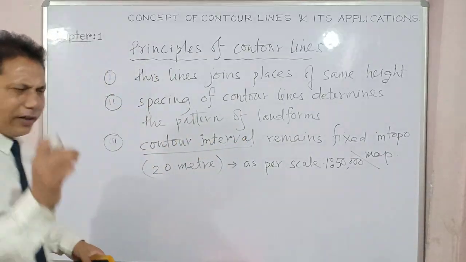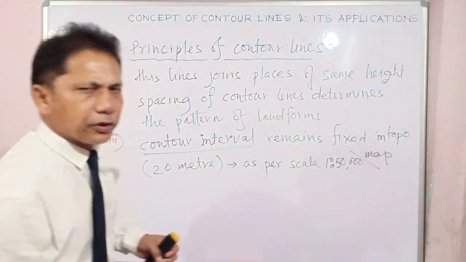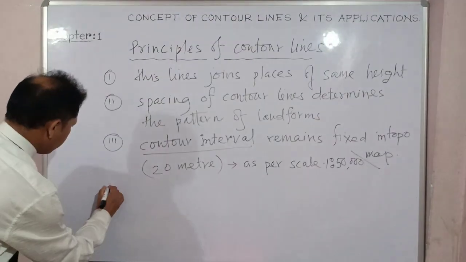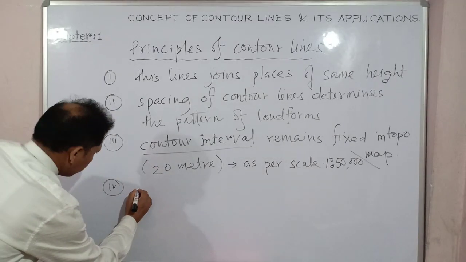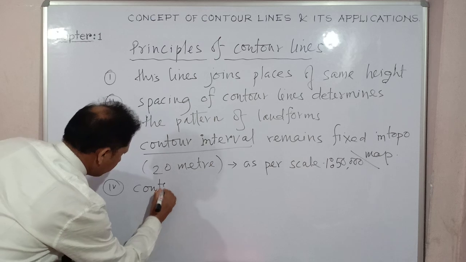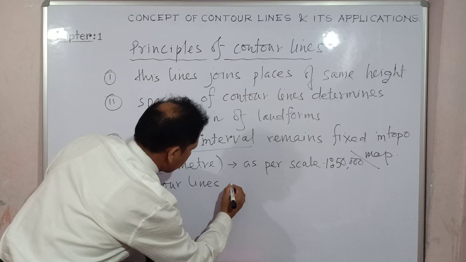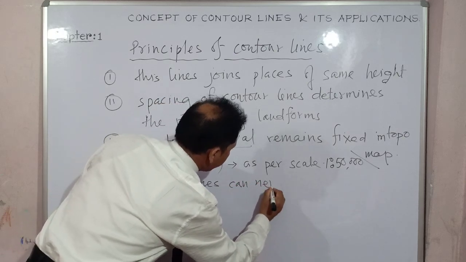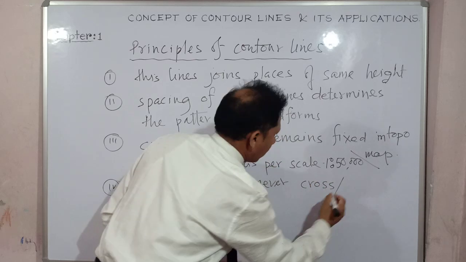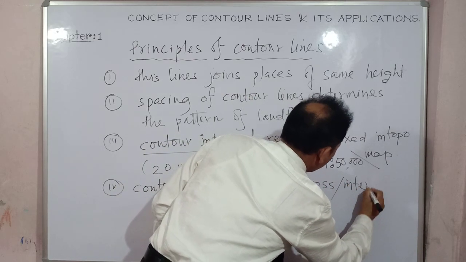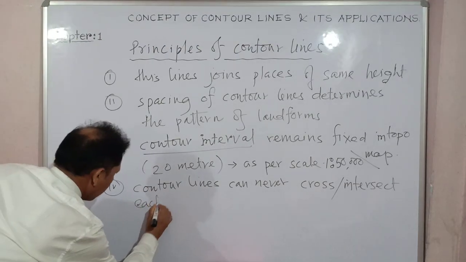Along with that, one of the vital and most important principles of contour, that is number one: contour lines can never cross or intersect each other.